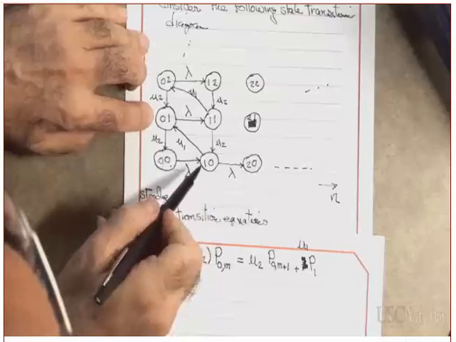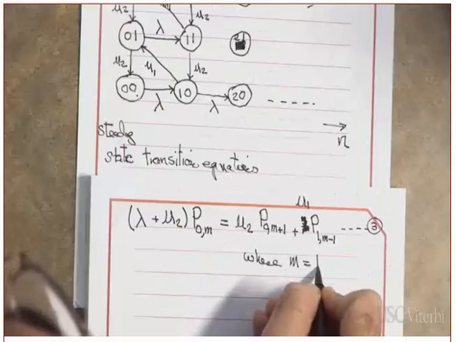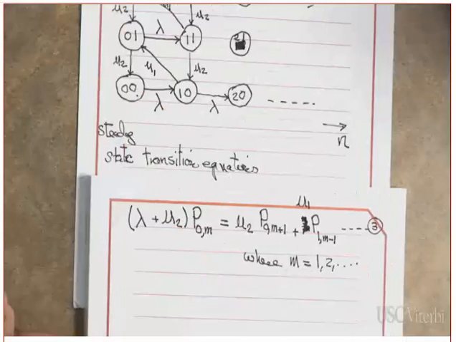So it's mu1 times P of N plus 1, M minus 1. Very good. Did you get why this is N plus 1 and M minus 1? It's coming from the next column at a lower row.